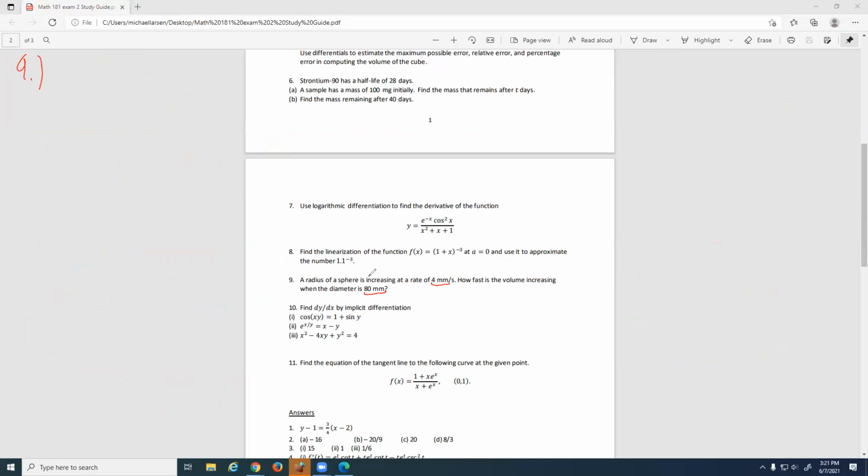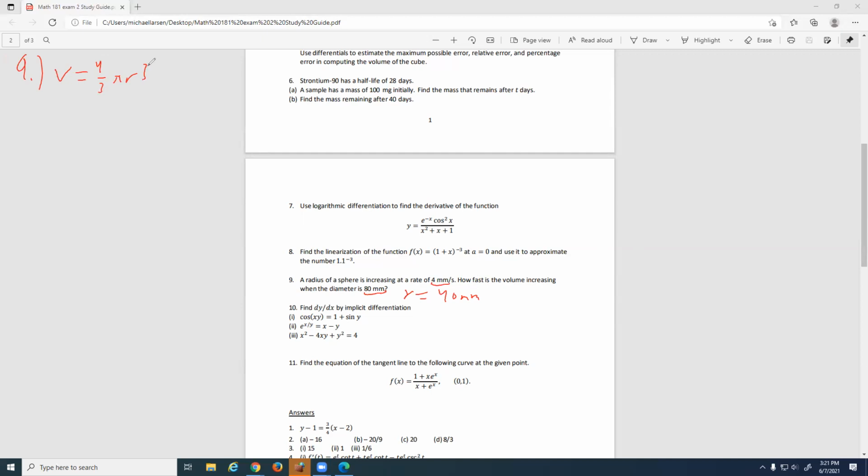This is something that trips even me up sometimes, so I like to rewrite this immediately. The radius is 40 millimeters, not 80, because the radius is 1/2 the diameter. Now we need to remember the volume of a sphere. If you were to look this formula up, it's 4/3 pi r cubed.